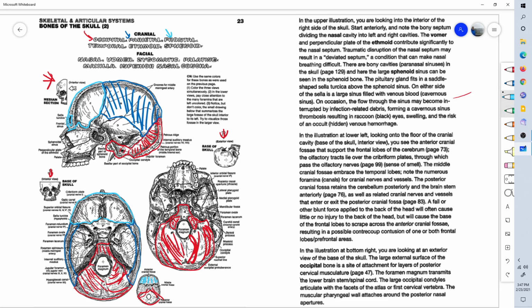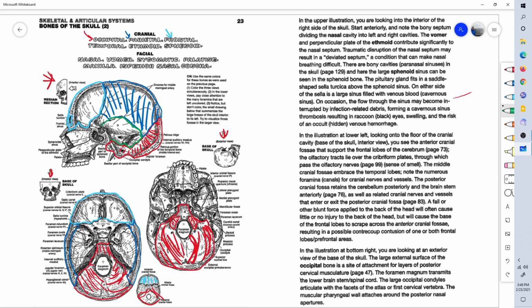The temporal bone is on the side of the head, posterior to the sphenoid bone, inferior to the parietal bone, superior and anterior to the occipital bone.